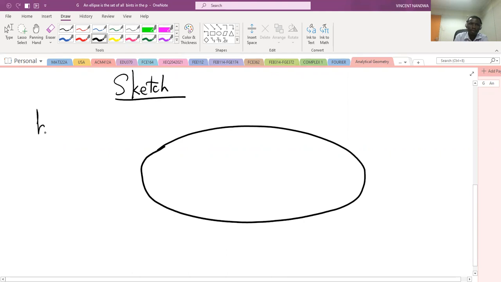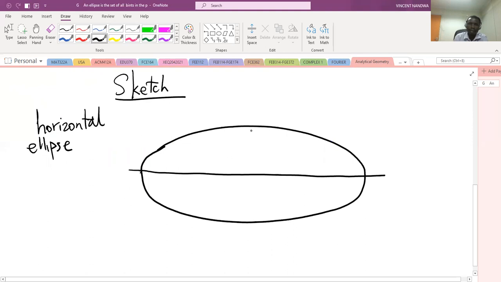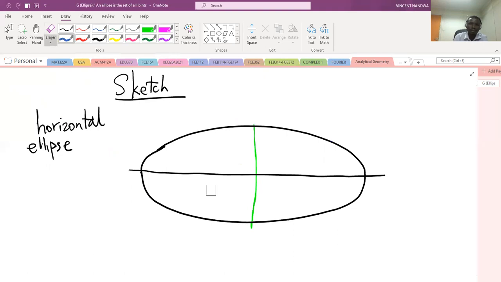This is what we call a horizontal ellipse. So we have this, and then there's this line. This point is what we call the center.